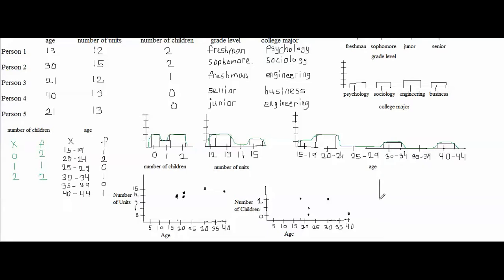So if you have 3 columns of quantitative data, you can make 3 scatter plots because you have 3 different pairs that you can use. Remember, we can't make scatter plots with these 2 columns because they're not quantitative data. So maybe on the x-axis we'll put number of units, and then on the y-axis we'll put number of children.